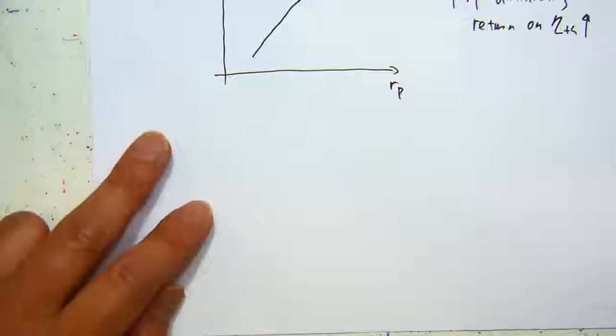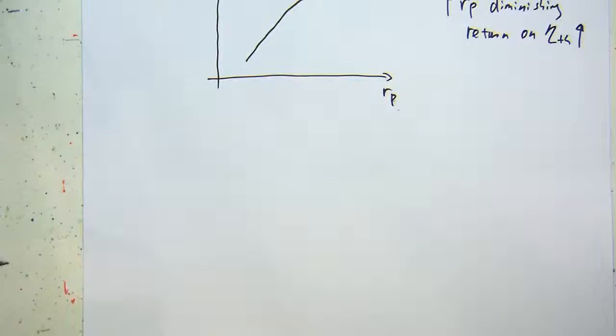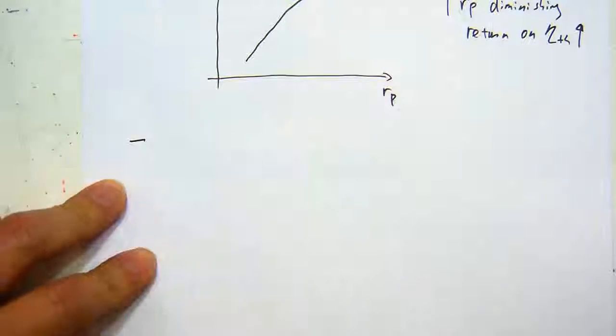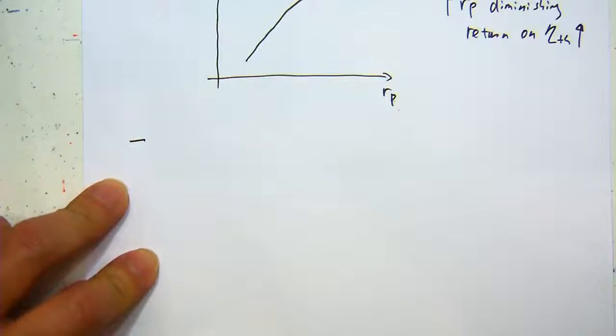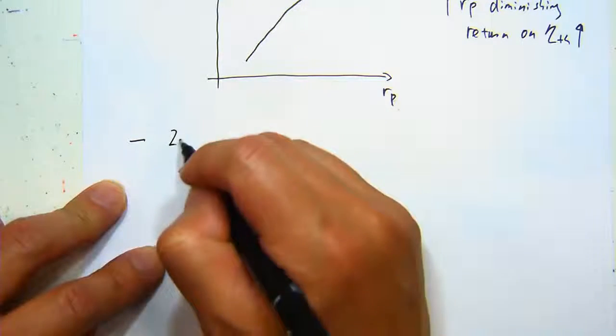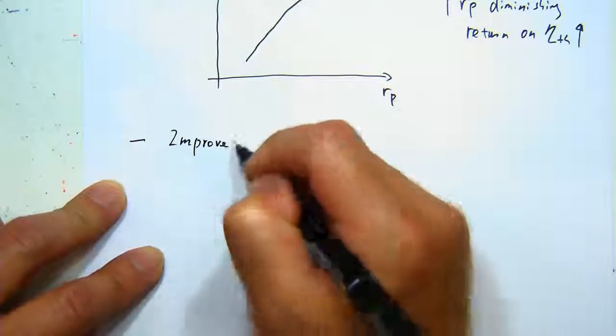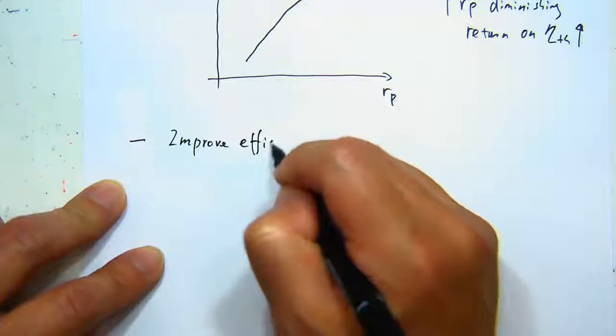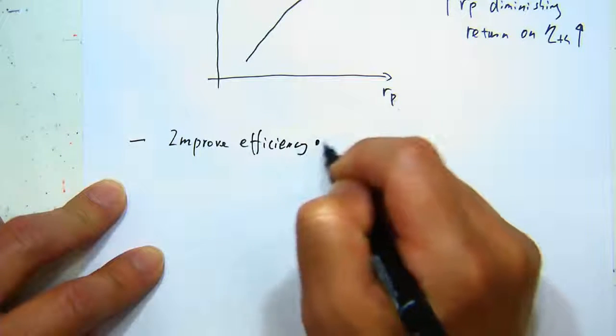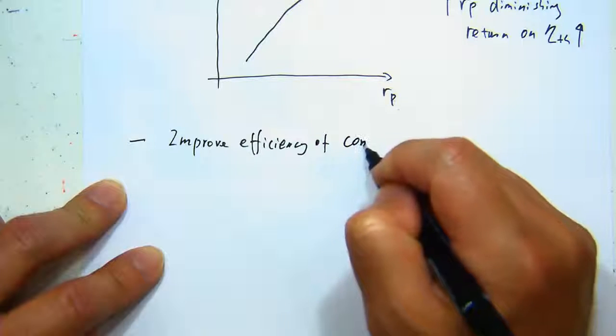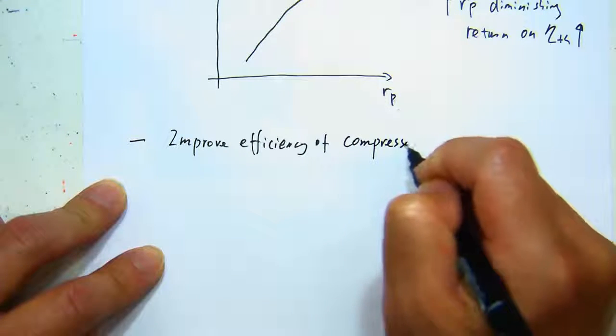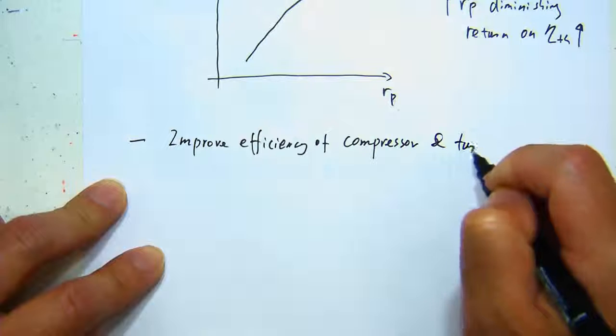Another thing we can do to improve the Brayton cycle efficiency is related to some non-ideal conditions in reality, which actually relates to the question being asked just before. That is to improve the efficiency of the compressor and the turbine.